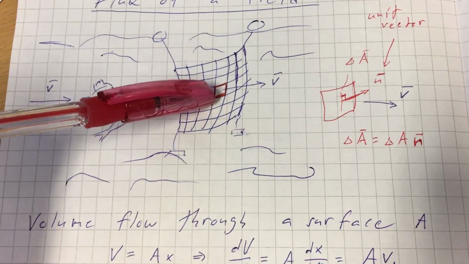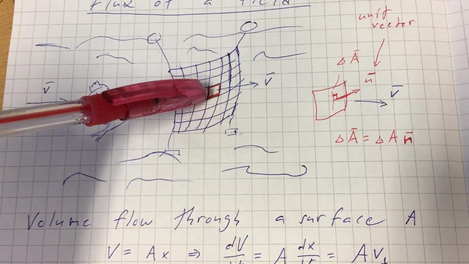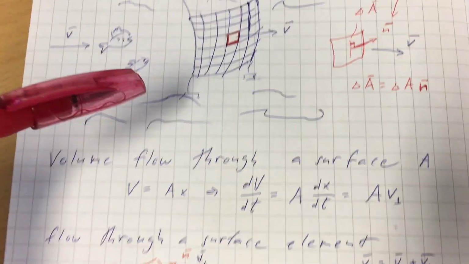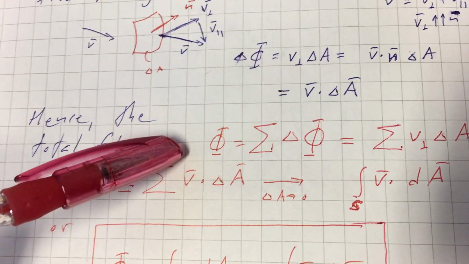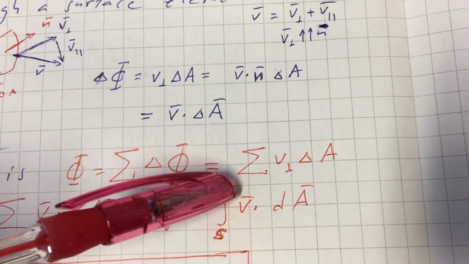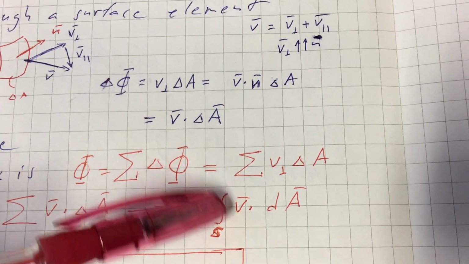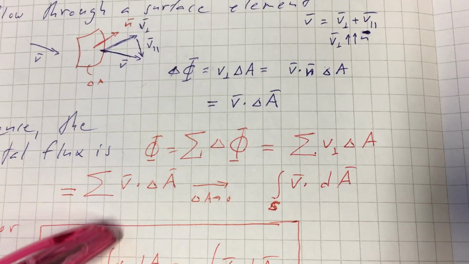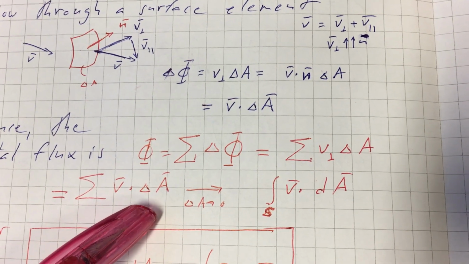So there's a flow through this small grid, or this square, or this opening and this opening. So actually the total flux is the sum over these elementary fluxes, and so it's the sum over the perpendicular velocity times the surface element, and so it's the dot product between velocity and the surface element.